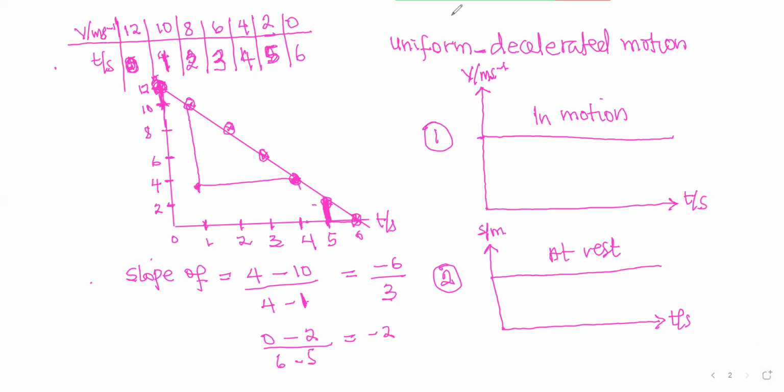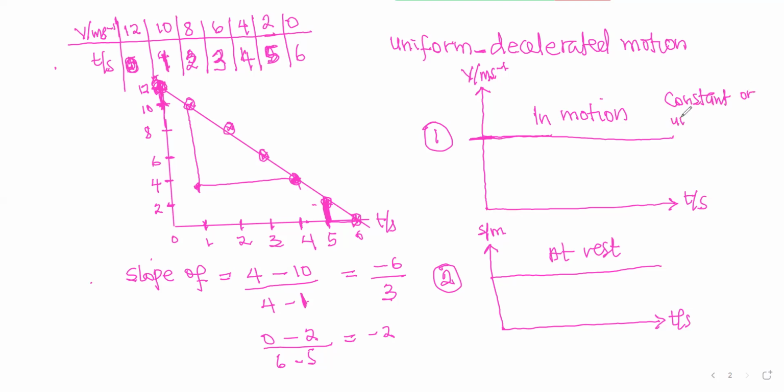All right, is there any question? If you have any question to ask, quickly do that, and let's move on. Sir, please, can you go over the first one again? You see, this indicates that the body is moving at a constant or uniform velocity.